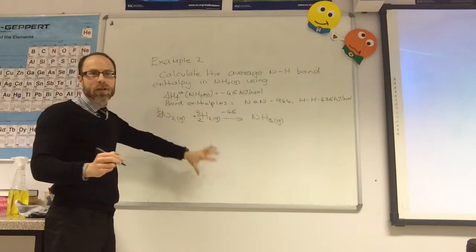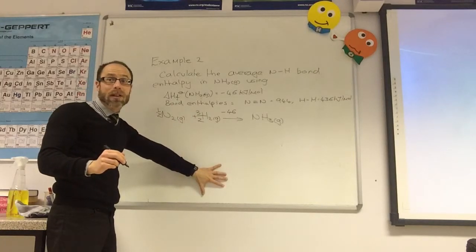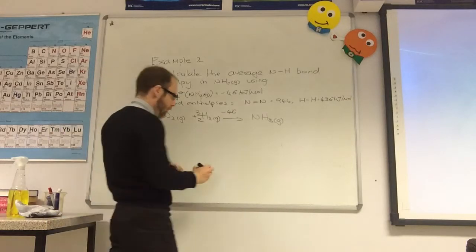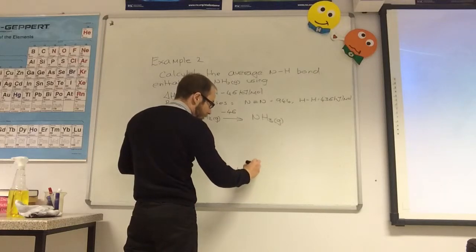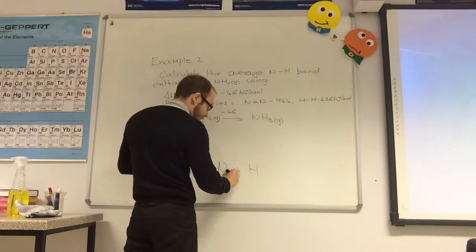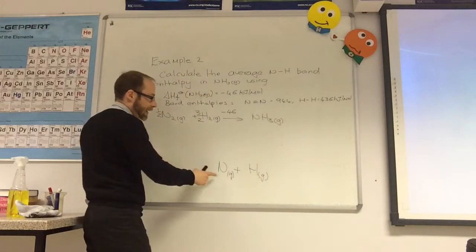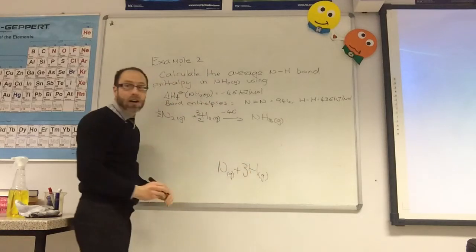They've given me bond enthalpy, so what goes down here? Down at the bottom goes the gaseous atoms. So down here I'm going to have nitrogen atoms and hydrogen atoms, like so. I'm only going to have 1 nitrogen atom, but I'm going to have 3 hydrogen atoms.